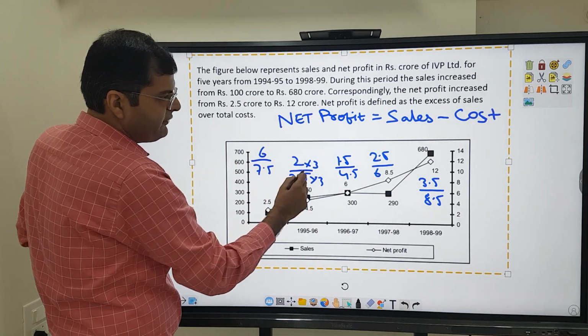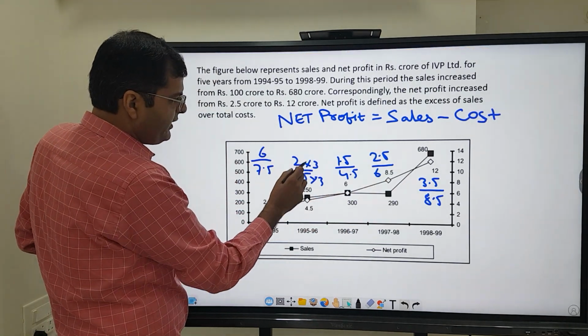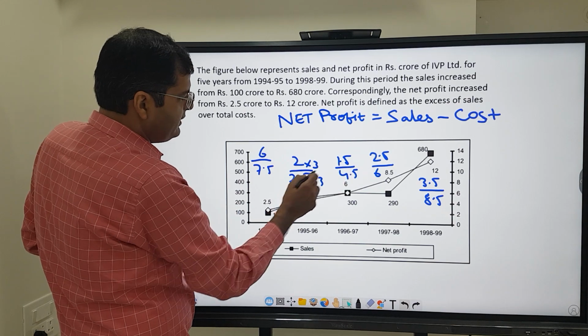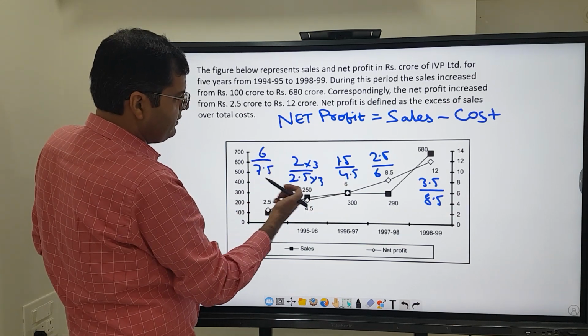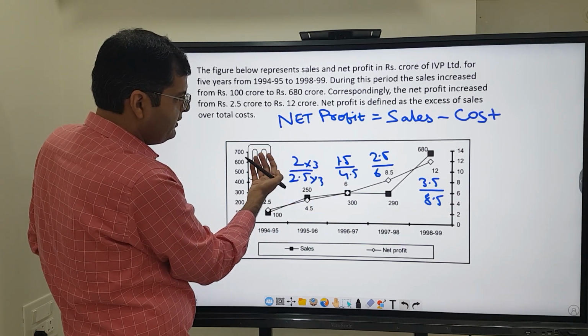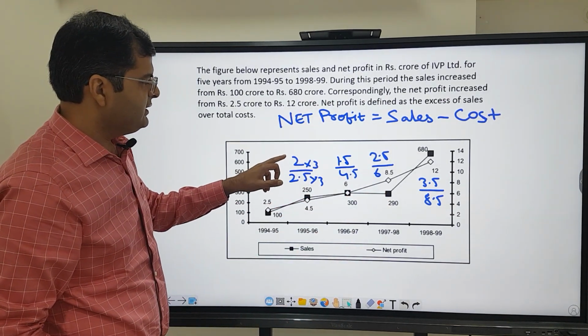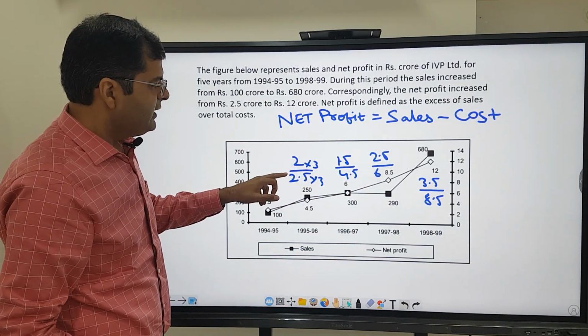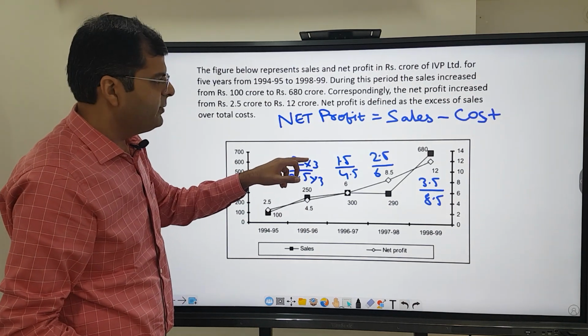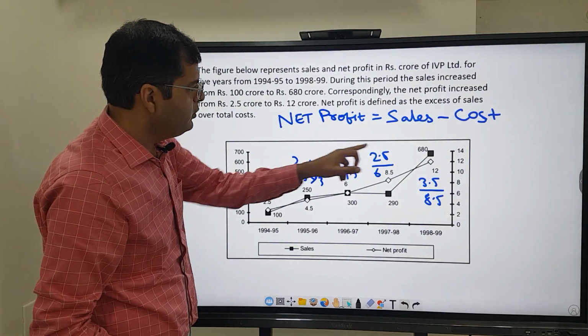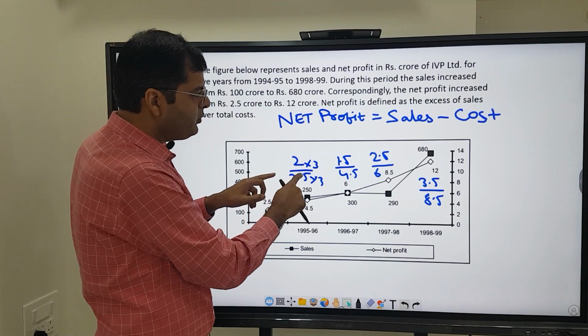So that means this is definitely greater than that. Now if I want to compare this 2 divided by 2.5 with 2.5 divided by 6, in this case the denominator is much larger than the numerator. The numerator is just slightly more, from 2 to 2.5, but the denominator has gone from 2.5 to 6.